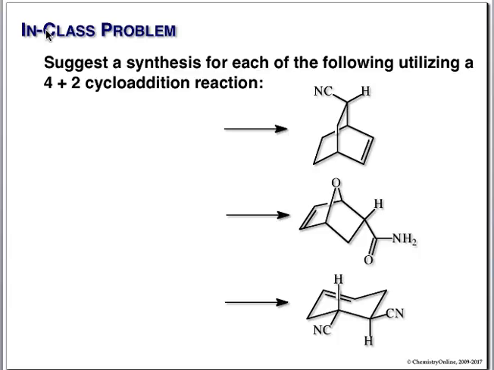What you need to do with each of them is identify the dienophile, and the remaining carbons are going to be carbons of your diene.